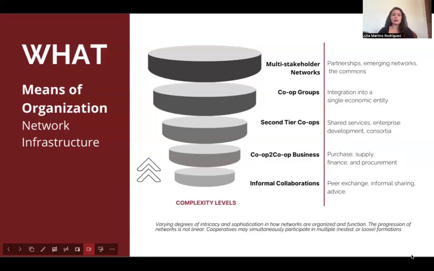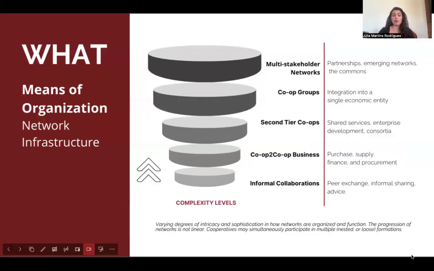This doesn't necessarily mean that the network is evolving through different stages, but rather that it's common to encounter varying levels of intricacy when examining the relationships that sustain the network. The means of organization depend on the nature of the relationships, the linkage strengths, contractual frameworks, objectives, and sectors involved.